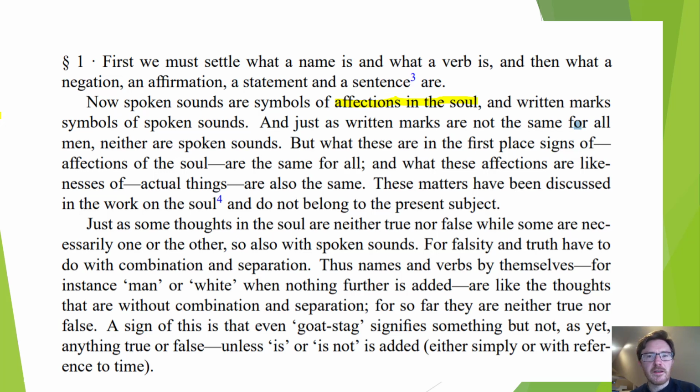Because I look at it and I say, but what these are signs of, affections in the soul, are the same for all. So now Aristotle is telling us that written marks and spoken sounds, the language, are signs for affections in the soul, and that these affections are likenesses of real things.